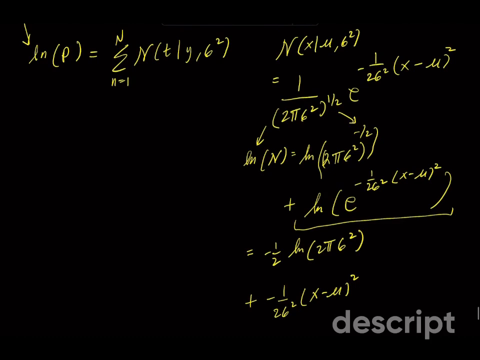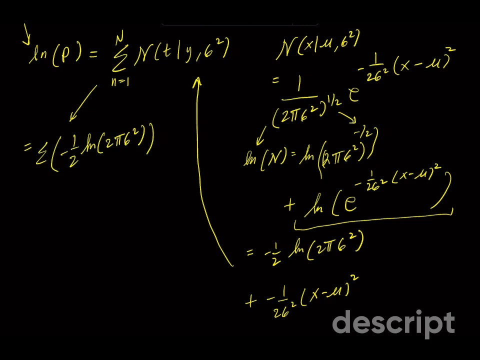Now going back to our formula here, it follows that this becomes equal to the sum of negative 1/2 ln of 2 pi sigma squared, plus the sum of negative 1 over 2 sigma squared times (x minus mu) squared. And in our case, mu is y. So this becomes (x minus y) squared.